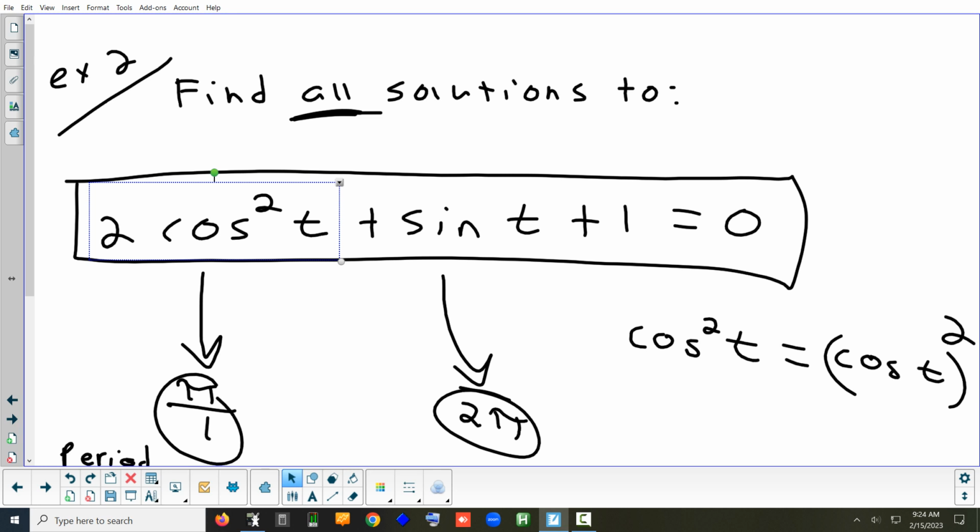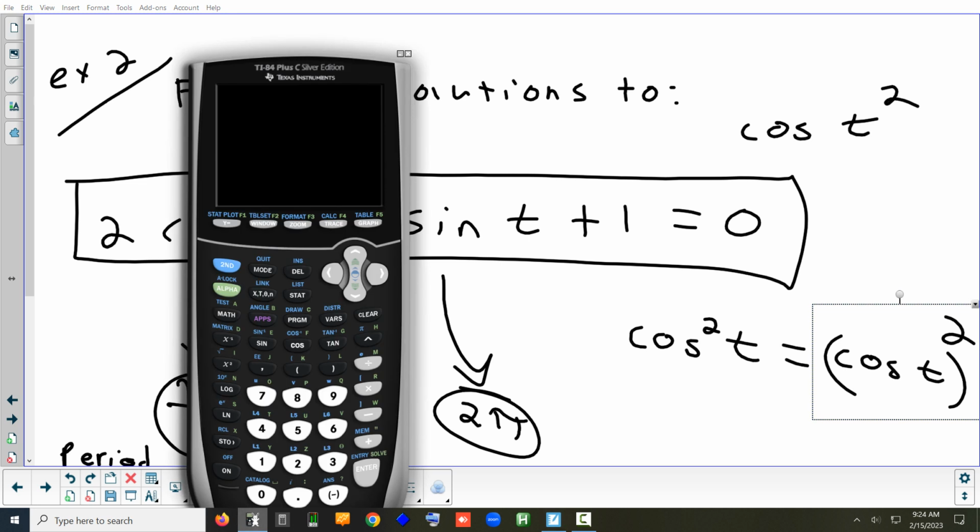If you want to put the 2 on the end, you can't do this, because that looks like the cosine of t squared. That's different than taking the cosine of t and then squaring it after. So they invented this notation for paper only, that if you put the 2 in the middle, then I don't need parentheses because it doesn't look like the t is squared, and it means this. Okay, so that's what that means.